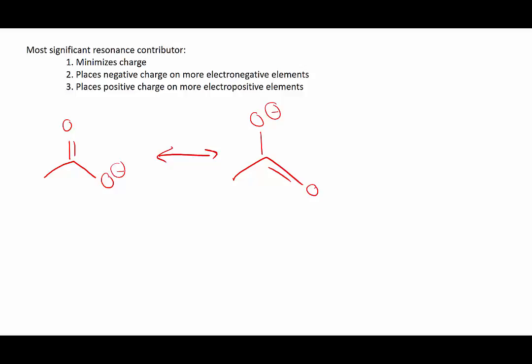Well, each of them has a single negative charge, so none of them are really any different. Is the negative charge on a more electronegative element? In both cases, yes, it's on an oxygen, which is relatively electronegative. We don't have any positive charges in this example. So both of these are equally weighted. These have the same general energy.